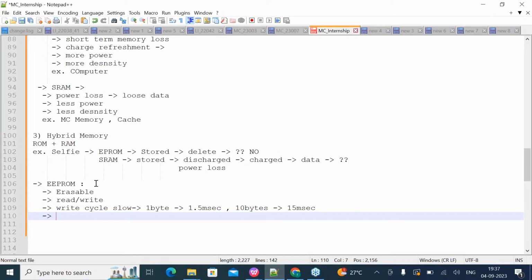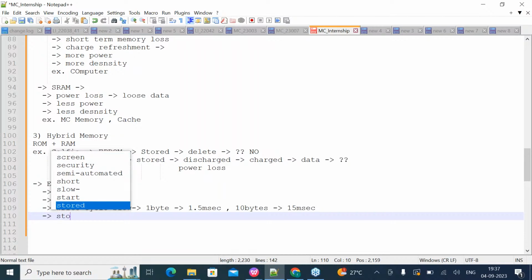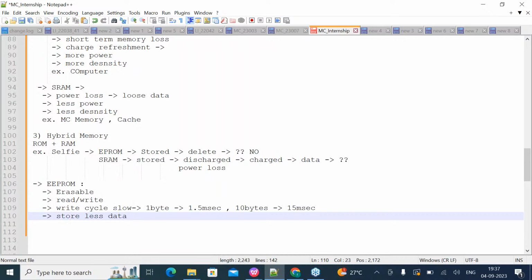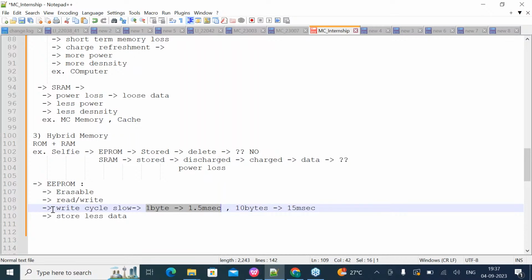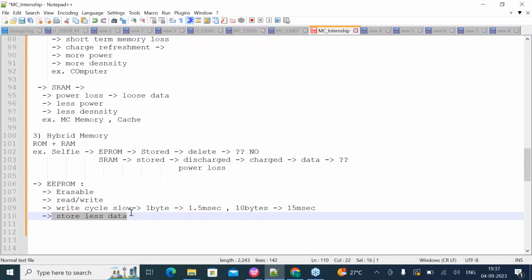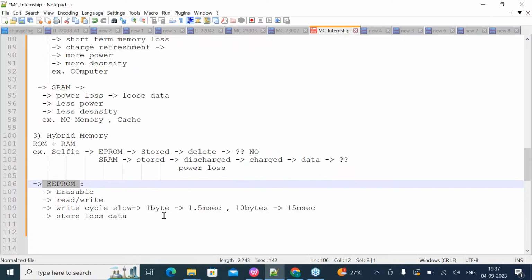Whenever you have small storage, if you want to store less data, then prefer it. Why? Because if you have more bytes, it is going to take more time. Usually one byte takes 1.5 milliseconds. So for the storage of less data, this double EEPROM is preferred.